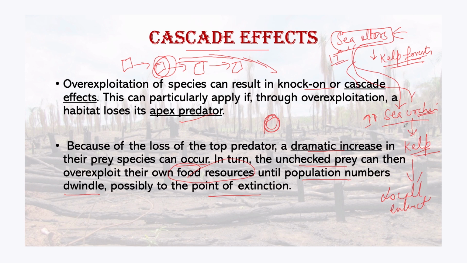For their food, they depend upon the kelp, so they start destroying the kelps. Once their food resources were exhausted, they became locally extinct. Also, since kelp forest ecosystems are home to many other species, the loss of kelp caused other cascade effects, which is known as secondary extinction. So this is a very important example.